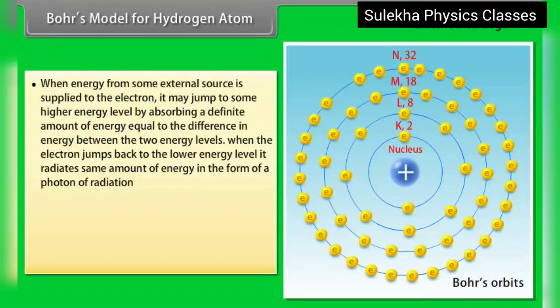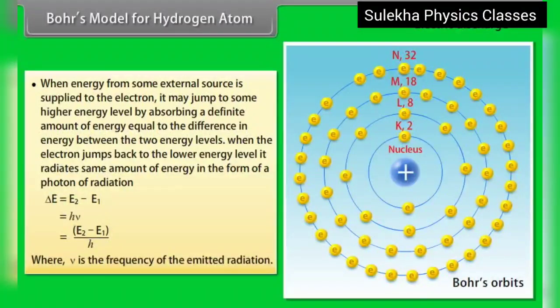When the electron jumps back to the lower energy level, it radiates the same amount of energy in the form of a photon of radiation. Delta E is equal to E2 minus E1 is equal to h nu. Nu is equal to (E2 minus E1) by h, where nu is the frequency of the emitted radiation.